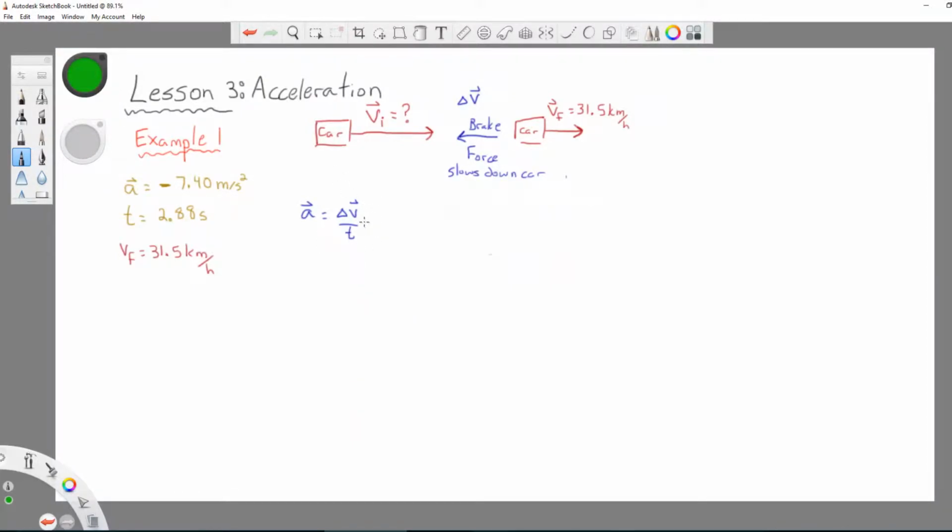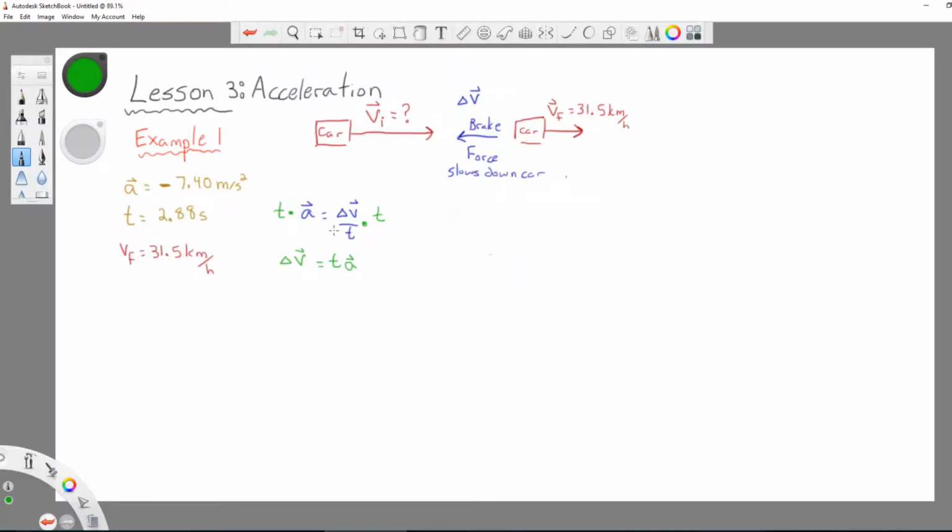Let's rearrange our formula. We're going to multiply both sides by t to get rid of our denominator value there, and also to get delta V all by itself in one step. Then we're going to have the change in velocity is equal to t times a.